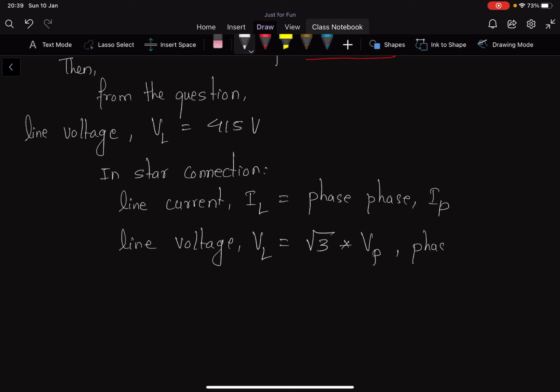So this is your relationship, don't forget that. The relationship is that line voltage is root 3 times phase voltage, and line current is equal to phase current in a star connection. This happens in a star connection. Don't forget that.